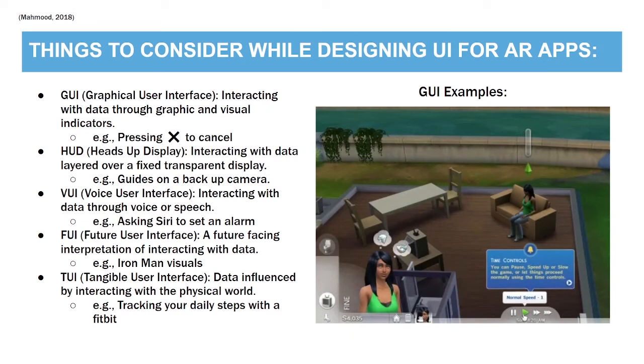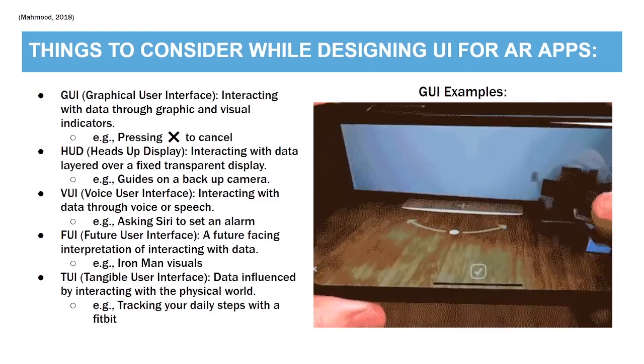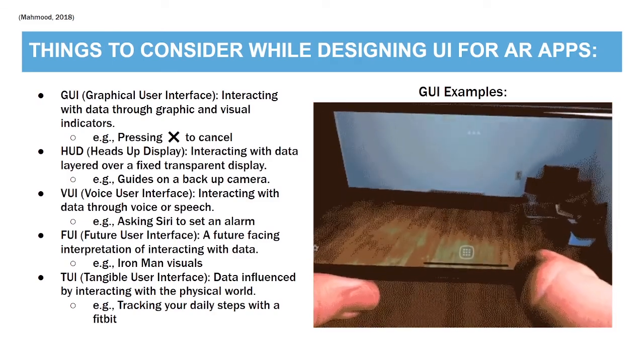And here, when we're looking at this Sims 4 screen, we're not talking about all of this right here. We are particularly talking about right here with the time controls and the different icons that are represented. And here's an example of a checkmark button on an AR app.